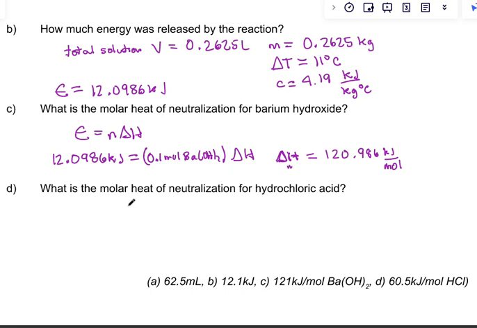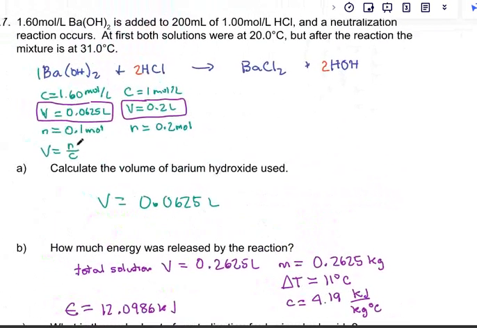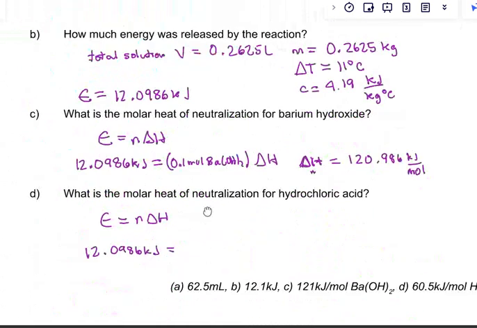If they ask about the heat of neutralization for hydrochloric acid, we can do the same calculation with the same formula we just used, but one thing's going to be different. Do you see what it is? Our total energy is still 12.098. But our number of moles, now they're talking about hydrochloric acid, so now we need the moles of hydrochloric acid. Don't use the 0.1. Under hydrochloric, we have 0.2 moles.